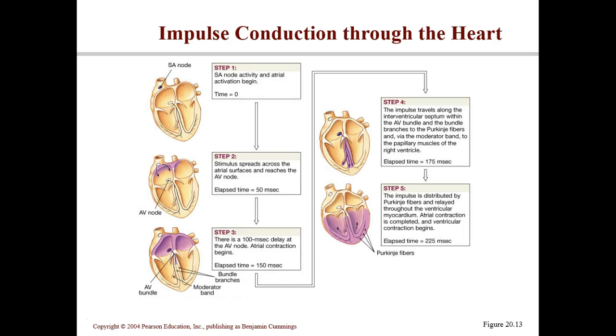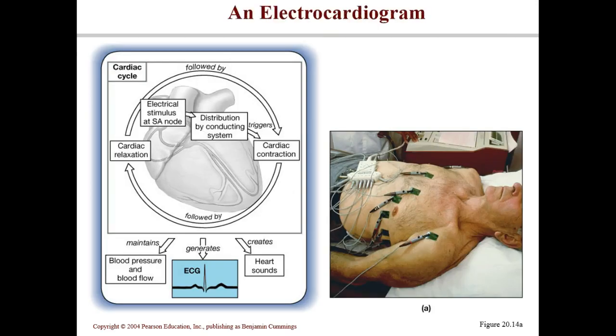Then all the atria become depolarized, or given the potential to contract, and then it goes down the bundle branches. When it goes down the bundle branches and up the Purkinje fibers, all of the ventricles are ready to contract. And what I mean by all of them is all the contractile cells.